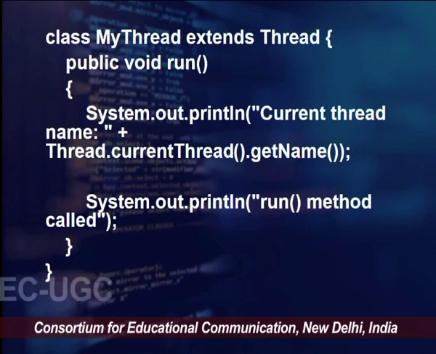So this is the class which is similar to the class which we have seen previously, exactly the same run method. What is the difference between the previous one and this one? That comes when we talk about the class ThreadDemo.